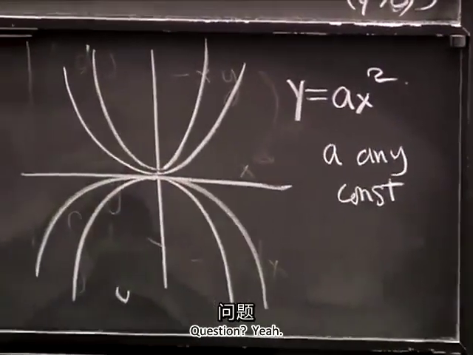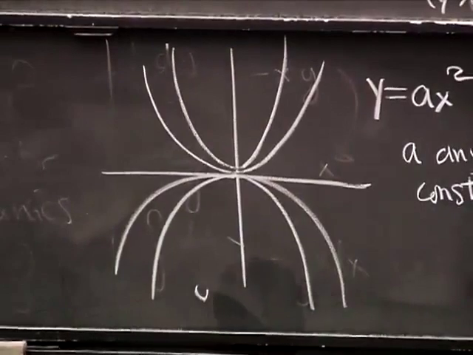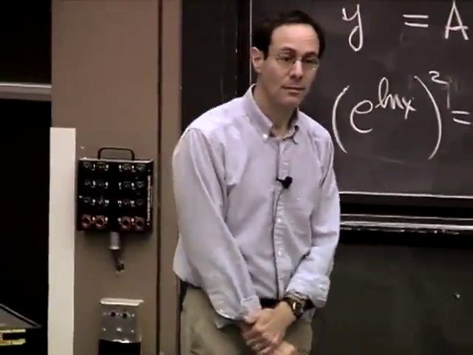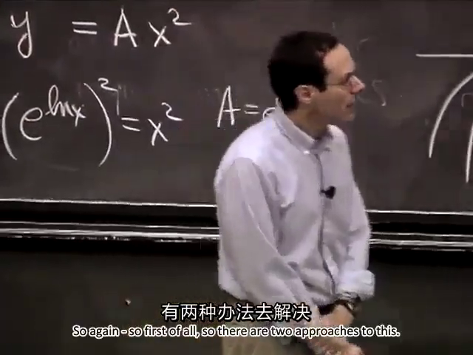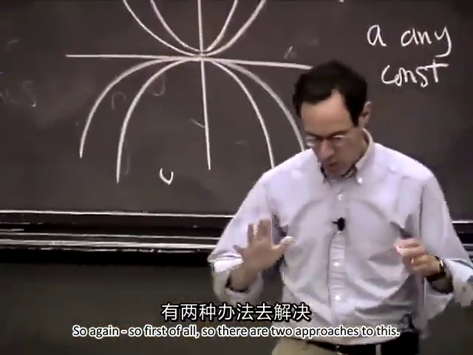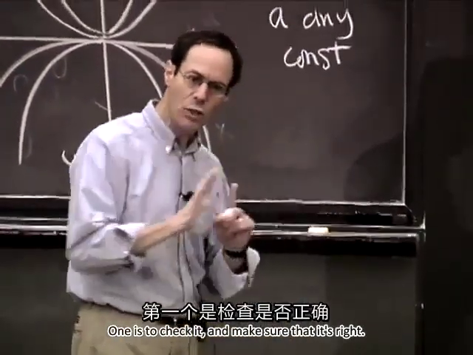Question? I'm not quite sure how A can be negative. I see that it could be in your graphical representation, but with the log, you can't allow a negative number, right? So, first of all, there are two approaches to this. One is to check it and make sure that it's right.